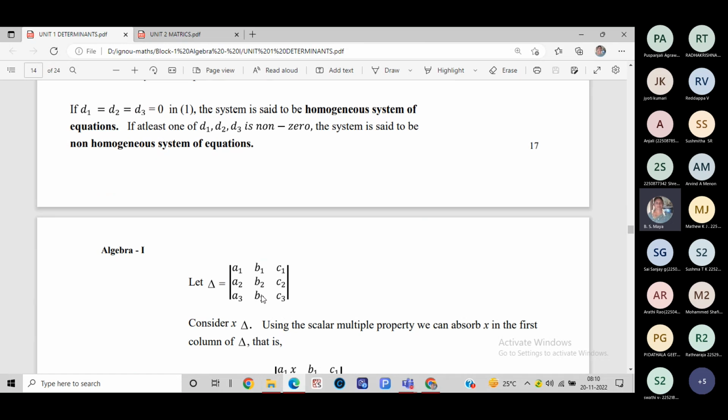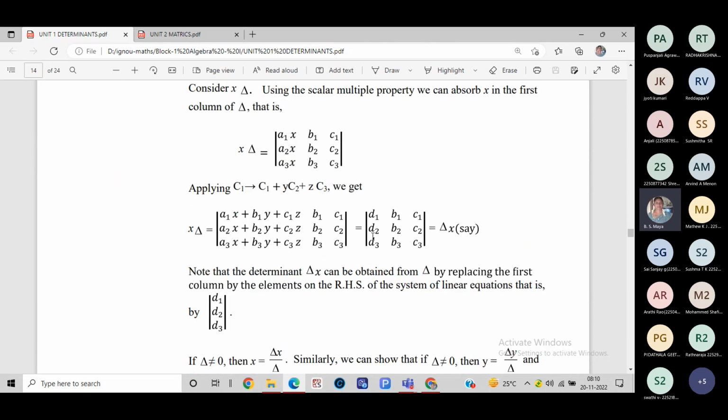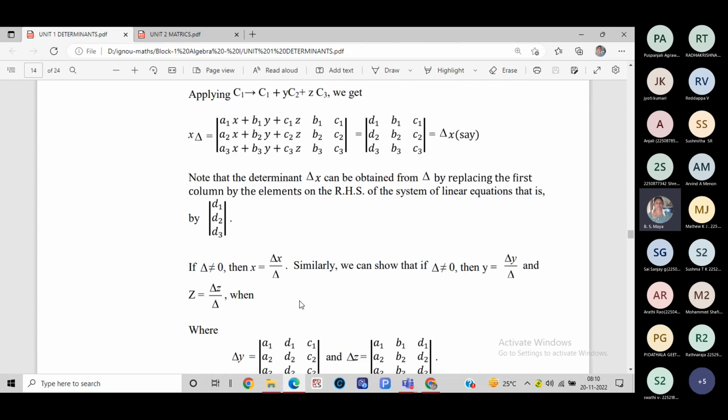What is delta x? Delta x is where the first column is replaced by D1, D2, D3, with B1, B2, B3, C1, C2, C3. To find x, first you have to check that the determinant value delta is not equal to 0. Then I can find x. The formula you should remember.